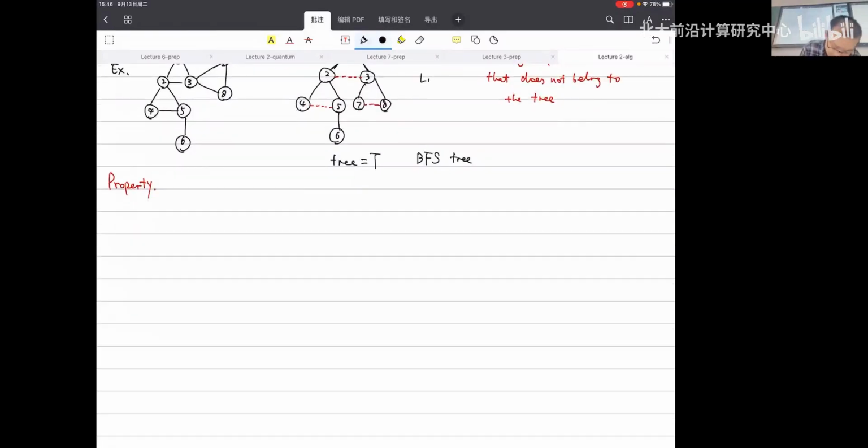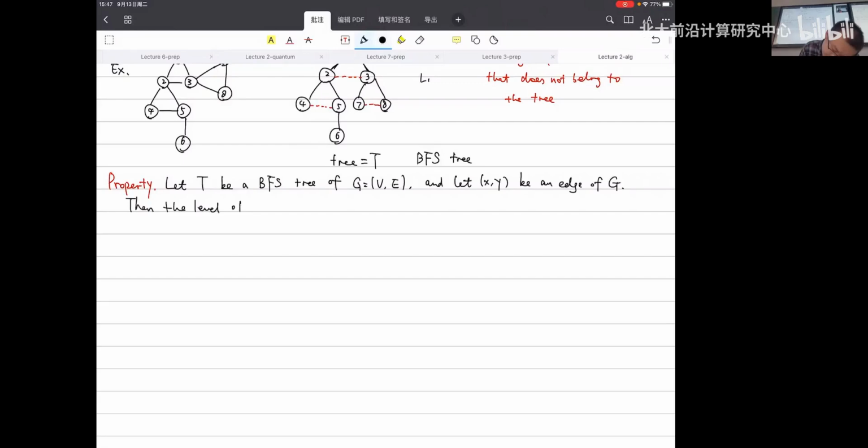So the property is: let T be a BFS tree, and we consider an arbitrary edge e equals xy. Then the levels of x and y differ by at most 1.